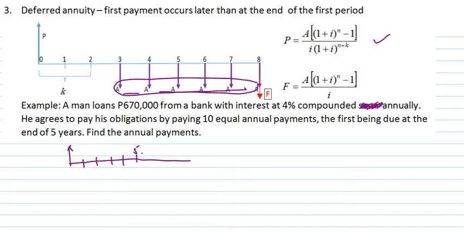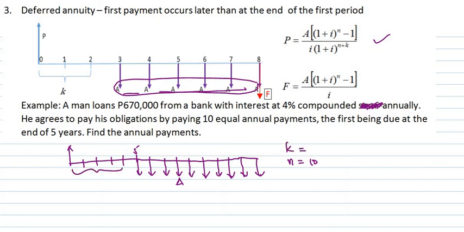Then annual payments: 1, 2, 3, 4, 5, 6, 7, 8, 9, and then 10. So this is now our 10 equal annual payments. Our n here is of course 10, and our k is equivalent to 4.